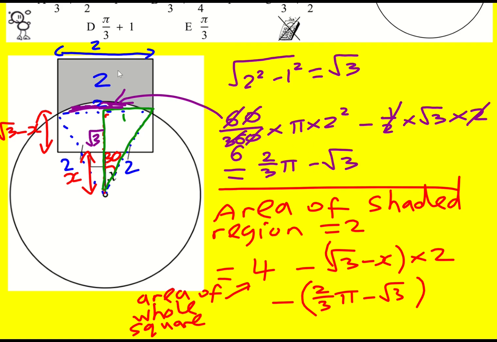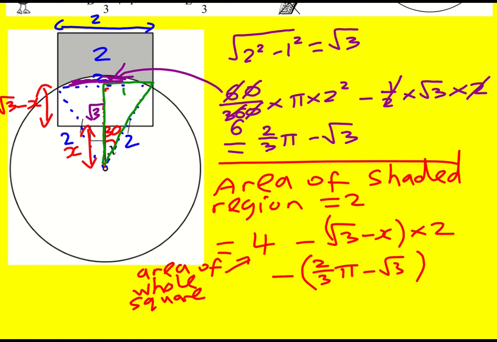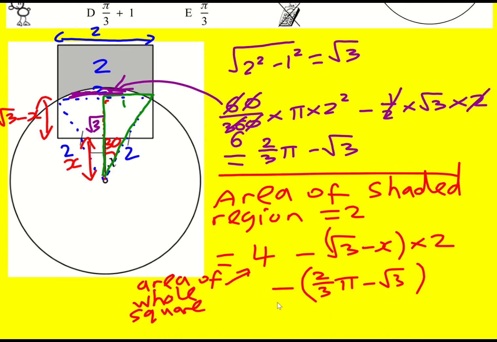And now I'm using the fact that the shaded area is 2, but the shaded area can also be found by taking the area of the whole square, subtracting the area of this rectangle here with base 2 and height root 3 minus x, that's what I did here, and then minusing the area of this segment. So now I've got an equation in terms of x. Remember, I'm trying to work out x.